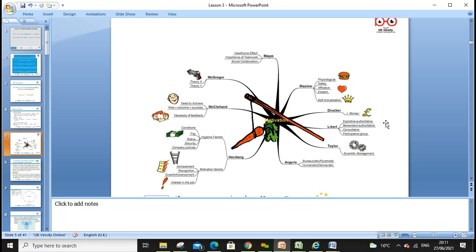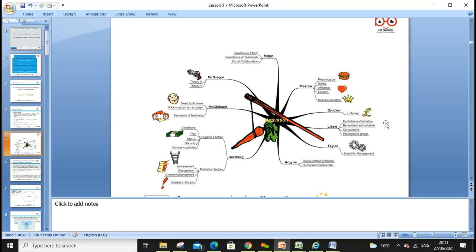Then McGregor gave Theory X and Theory Y. He said that employees, if we don't control them, can't really perform well. So we need to monitor them closely and use a more autocratic management style to manage them.